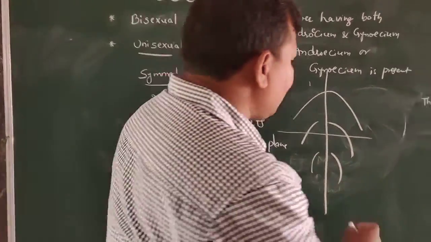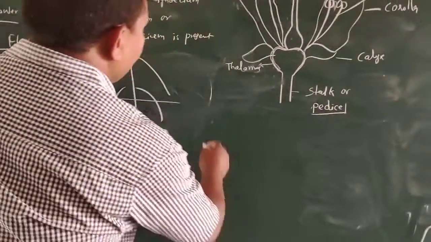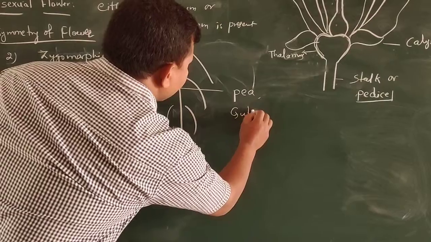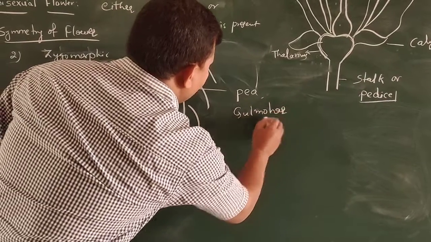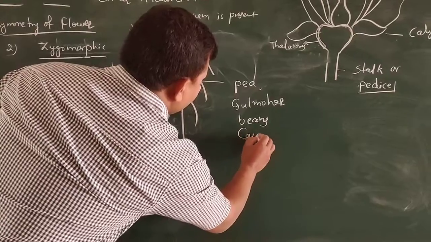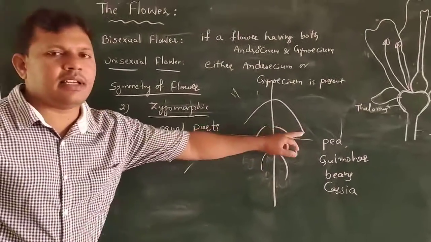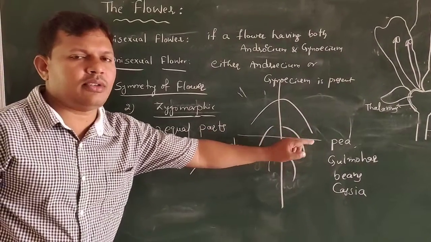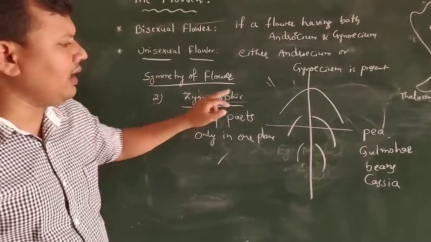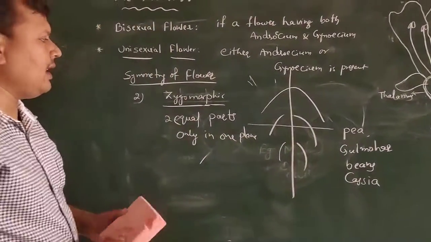And the examples for the zygomorphic are the pea plant, gulmohar, beans and cassia. All these examples are very, very important, and you have to remember them.